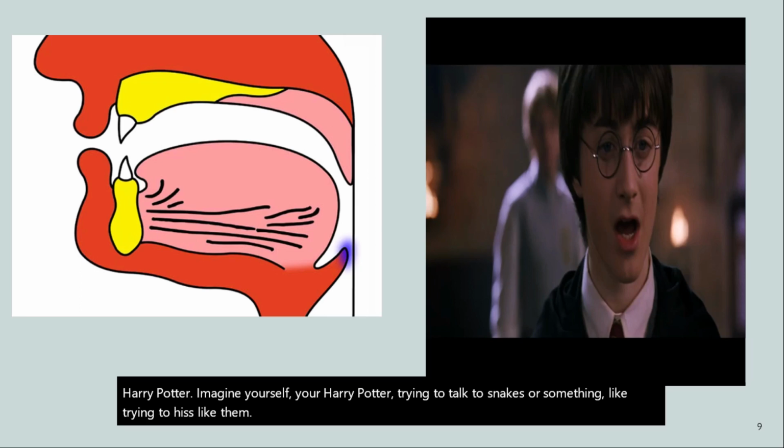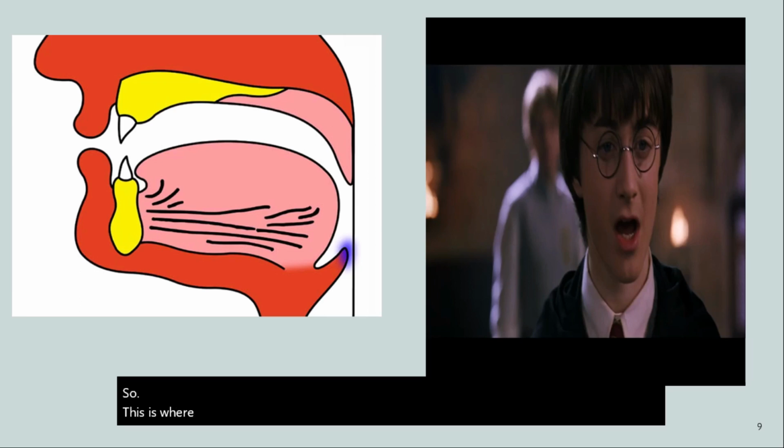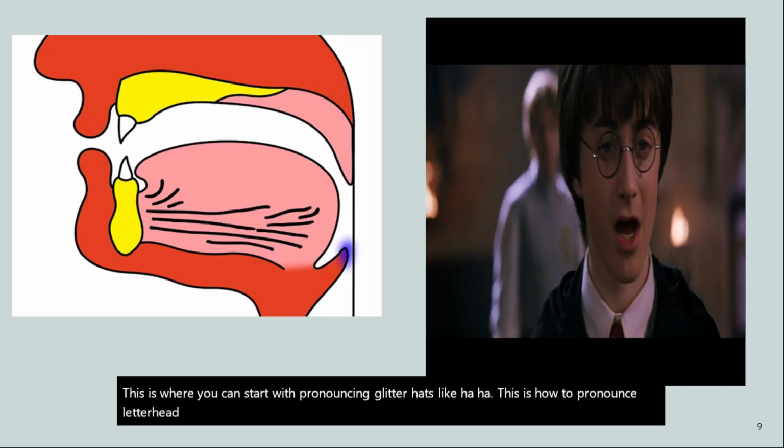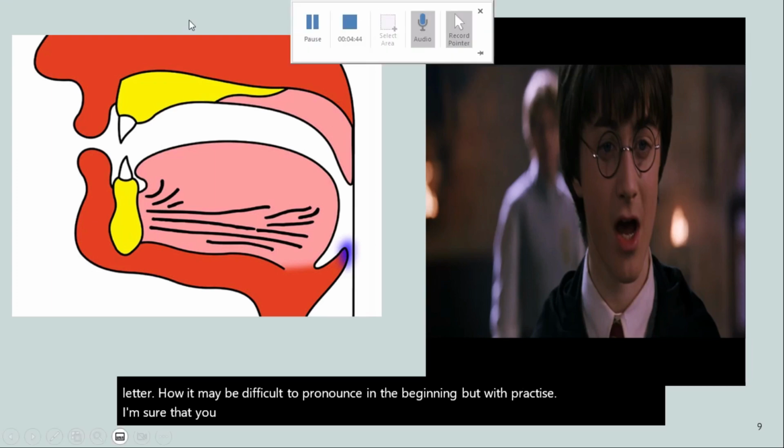So this is where you can start with pronouncing letter ha. It's like ha, ha, ha, ha. Okay, this is how to pronounce letter ha. It may be difficult to pronounce in the beginning, but with practice, I'm sure that you will be able to pronounce it.